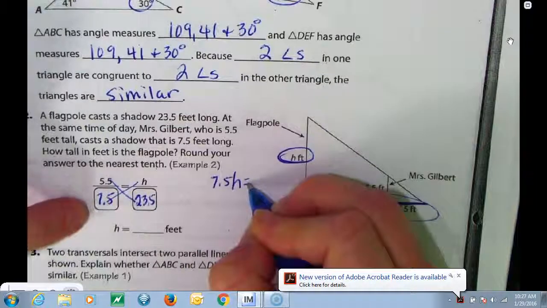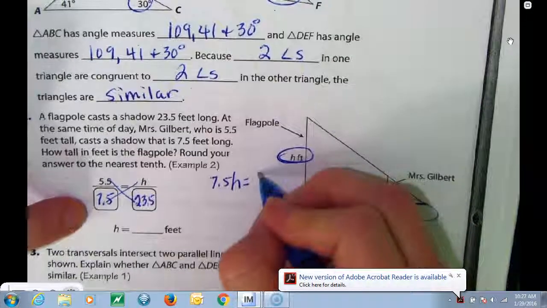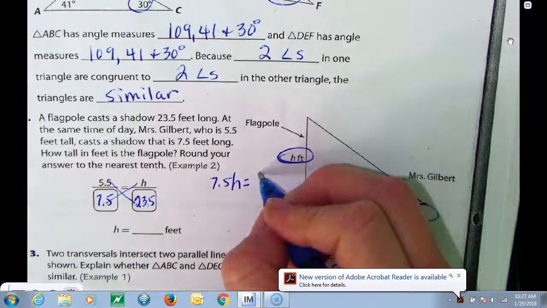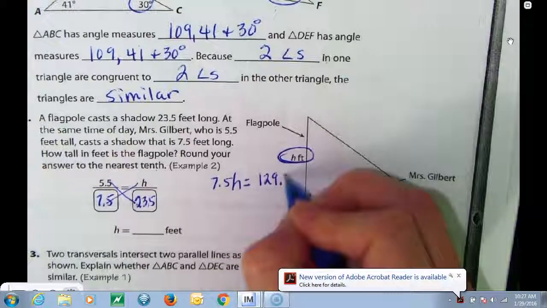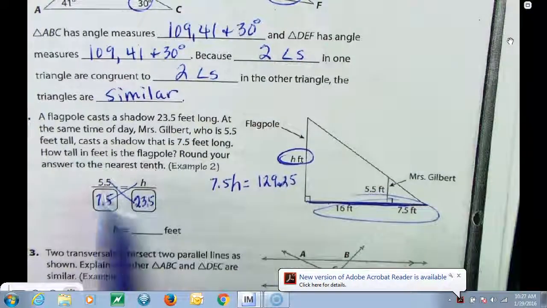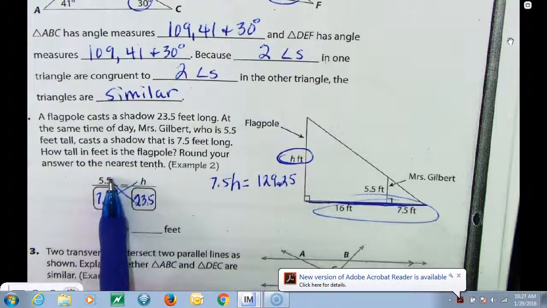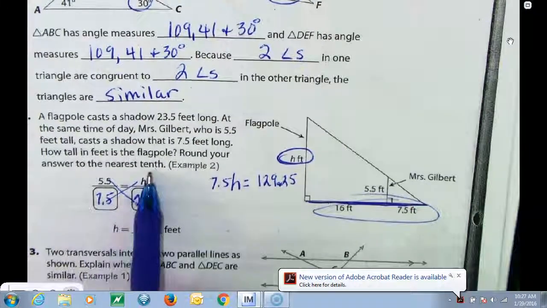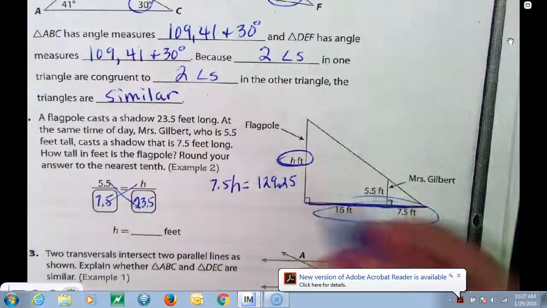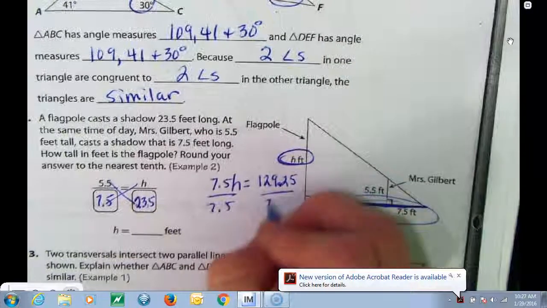7.5H equals 129.25 times 5.5. Where did they get that? You've got a crisscross. When two fractions are equal, their cross products are equal. So now I've got to divide by 7.5.